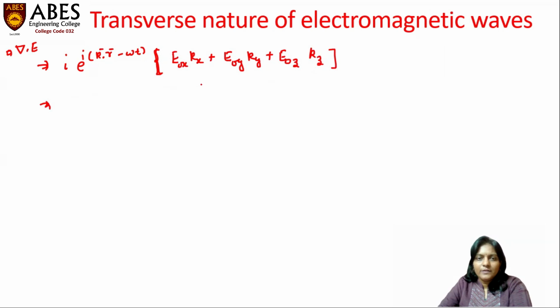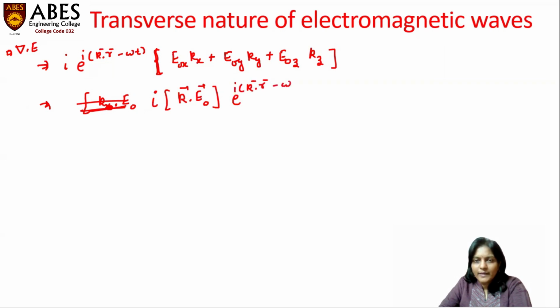And we know that this is the dot product of k dot E0. Sorry, not kx. This is the dot product k dot E0. And these terms can be written as i e raised to the power i(k dot r minus omega t).